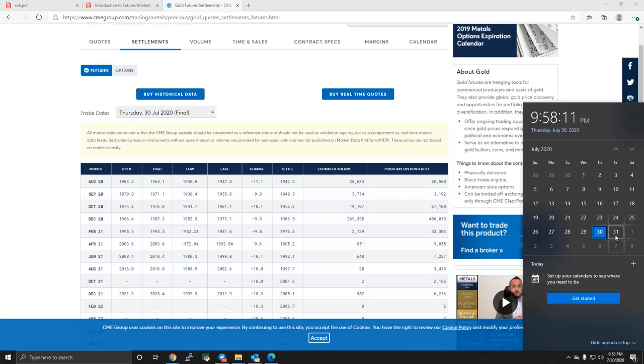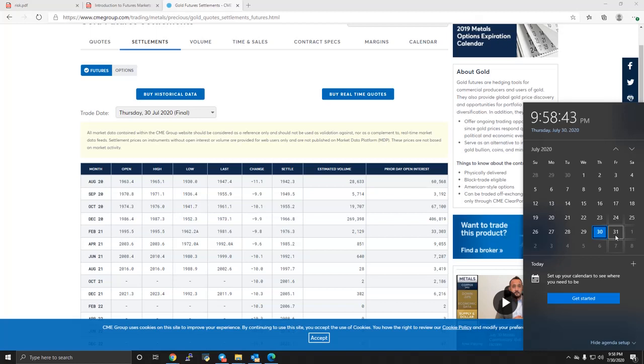The first notice date is significant from a trading perspective, as any market participant with an open position in the August 2020 contract is subject to being called to make or take delivery of the underlying asset. And remember the contract specifications: each gold futures contract on the CME is the equivalent of 100 troy ounces of gold.